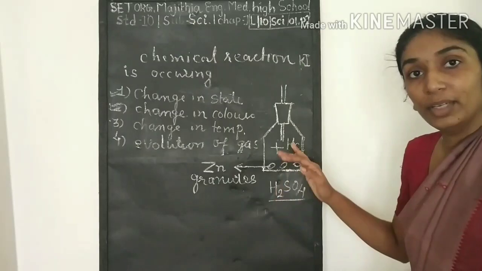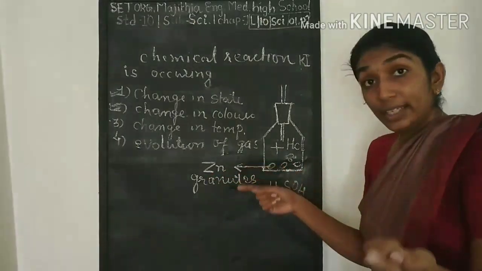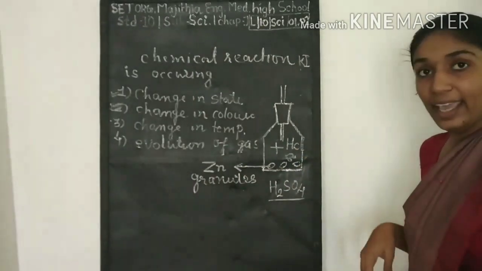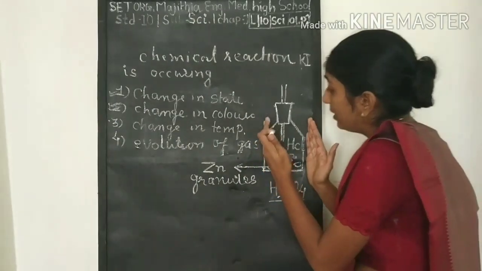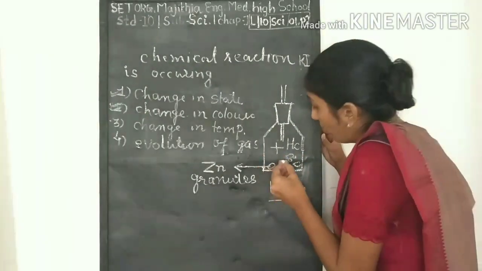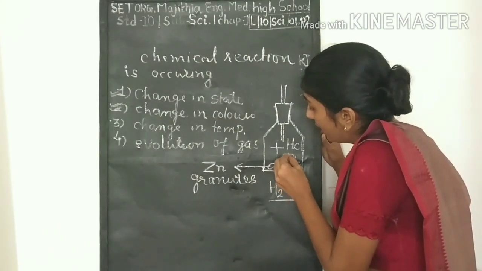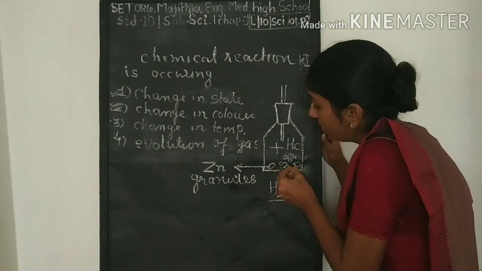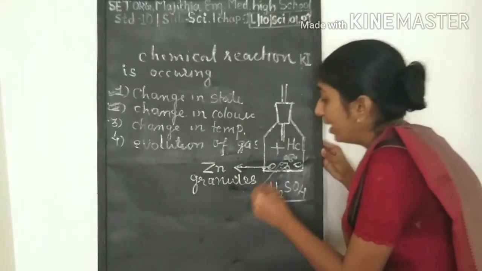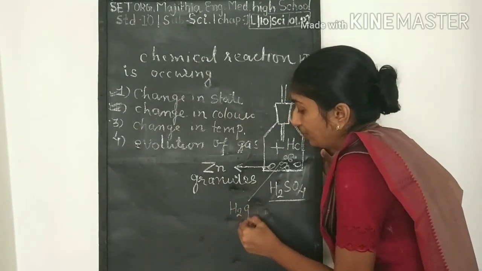Which one is available to you? In our textbook, it is zinc granules plus hydrochloric acid. When you add these two together in a conical flask, you will observe tiny bubbles around the surface of the zinc granules. These bubbles are of hydrogen gas.